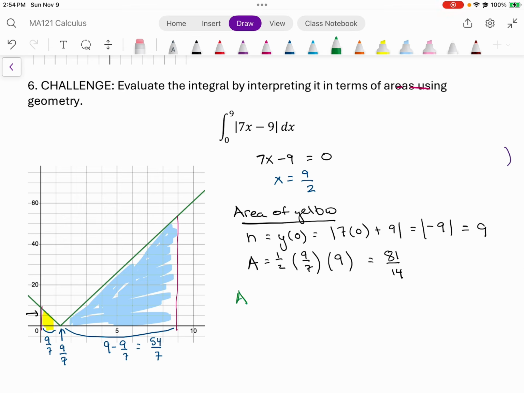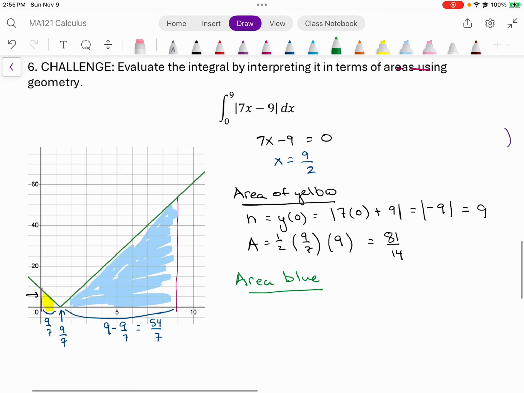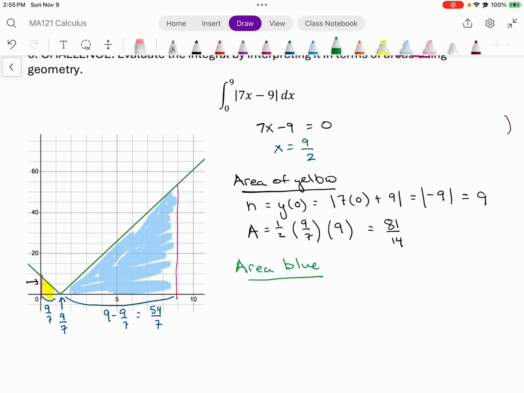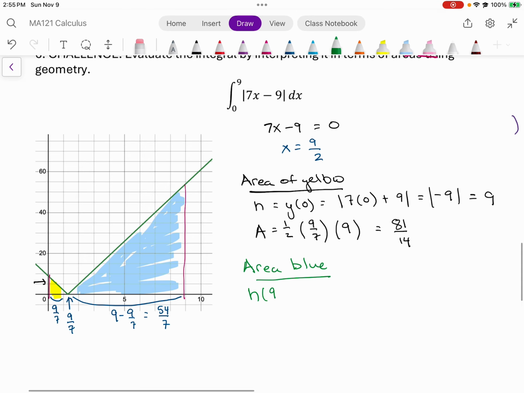All right, the area of the blue. Go ahead and see if you can use a similar technique and figure that out. So we need to find h, where x equals 9, right? So another way to write that is y of 9, however you want to write it.